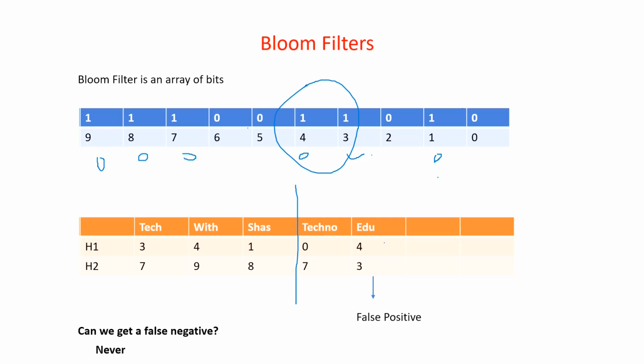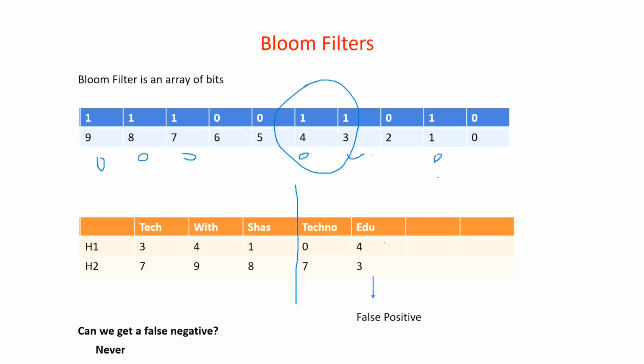Let me revise again. In Bloom filters, we take an array of bits and some hash functions. The length of the array and the number of hash functions depend upon your use case, and there are formulas by which you can find them out. Then whatever string you are searching, you pass it through the hash functions, get the hash number outputs, and flip those positions in the Bloom filter array to one.